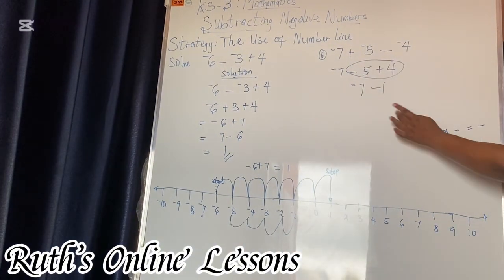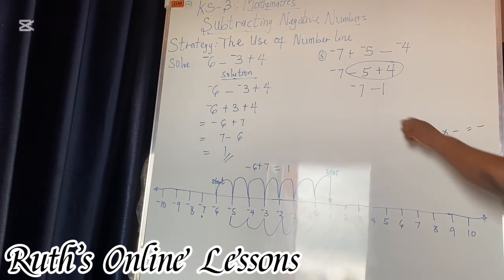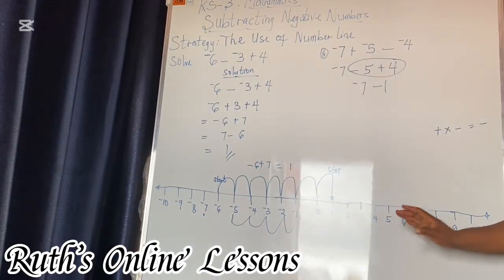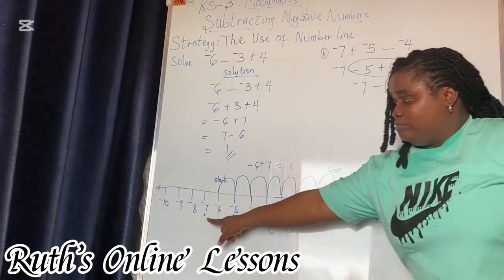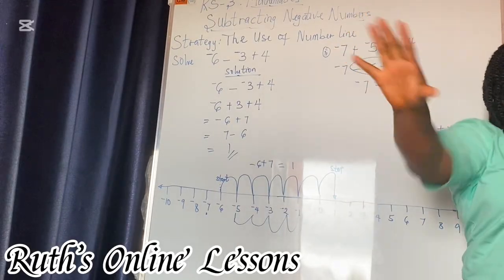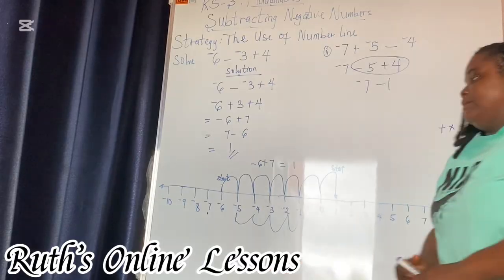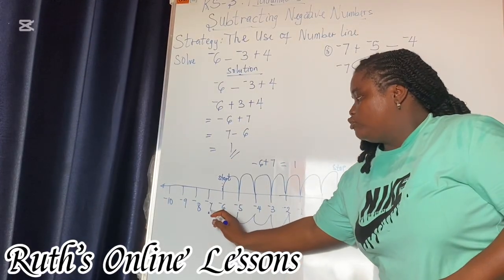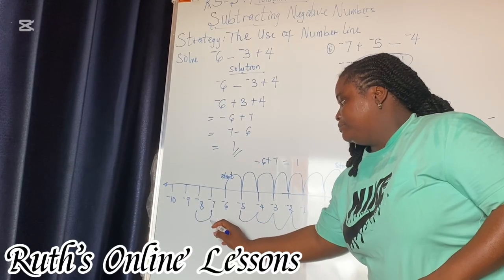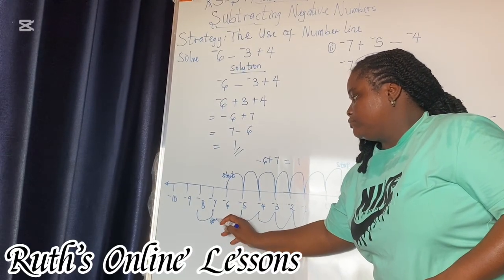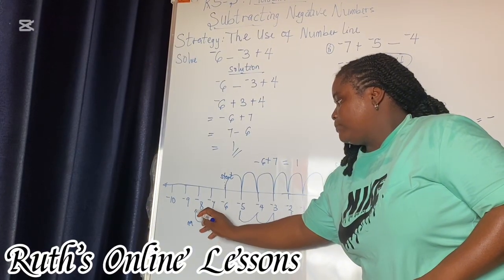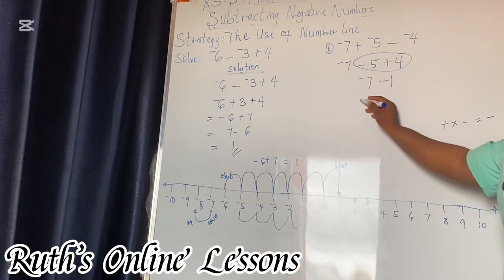But because we're doing minus 7 minus 1, look at the direction of the negative number. So minus 7 minus 1 will mean that we start from this minus 7 and move a step backwards or a step inwards. We start here and we stop here. And this is what? Minus 8.